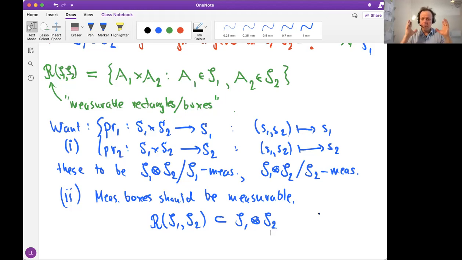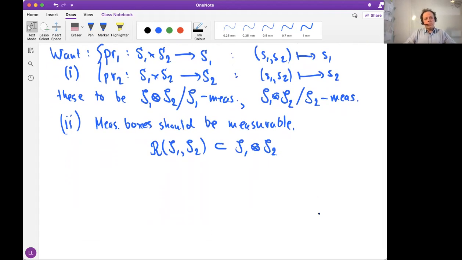Now, if you remember the generated sigma algebra, given any collection of sets, you can always define the minimal sigma algebra that contains these sets. This is what we are going to do. In case 1, we can think that these are mappings from one space to another space, and we want these to be measurable.